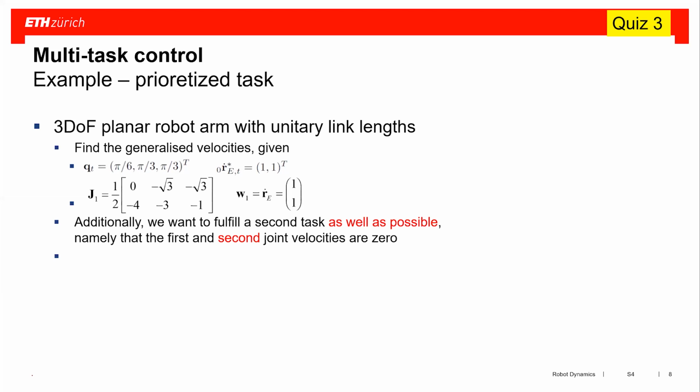So I want to make sure that my end effector really tracks my end effector position or my end effector velocity. And I want to make sure that the second task is just fulfilled as well as possible. So what I can do for this is the following.